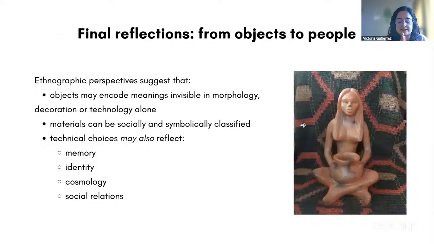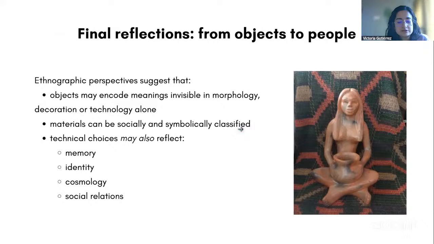Ethnographic perspectives suggest that objects may encode meanings invisible through morphology, decoration, or technology alone, and that the materials may also be socially and symbolically classified. And the technical decisions may reflect memory, identity, cosmology, and social relations.